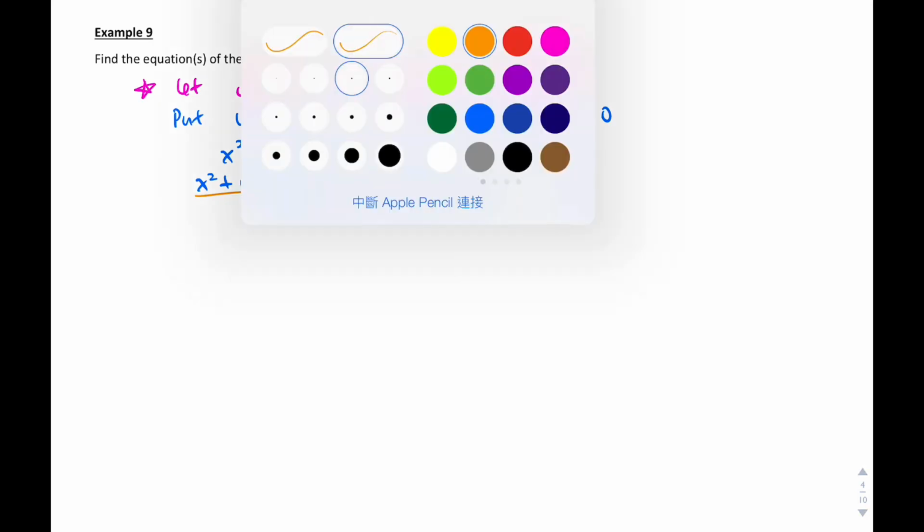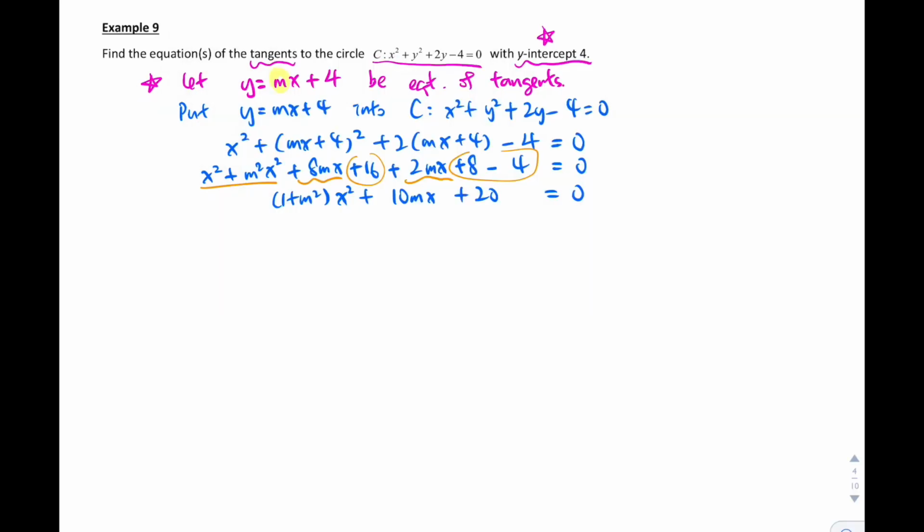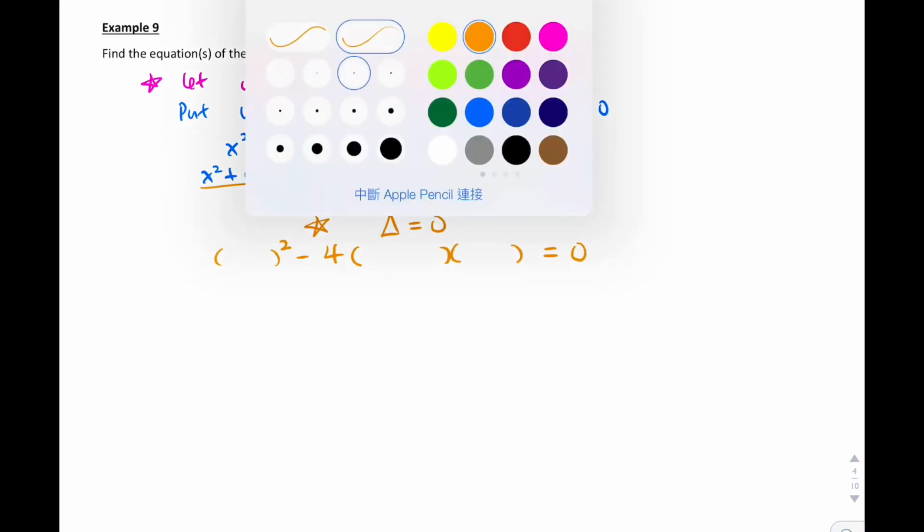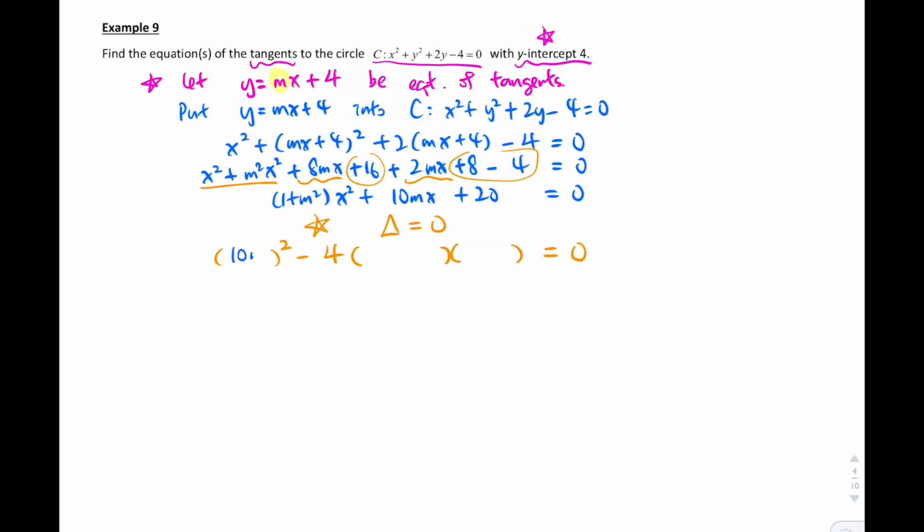For this quadratic equation, because the tangent and the circle have only one intersecting point, the discriminant is equal to 0. So we have b squared minus 4ac equals 0, where b is 10m and a and c are the other coefficients.